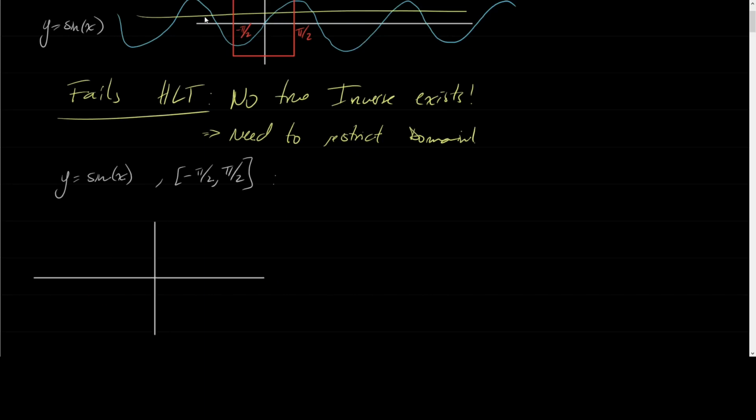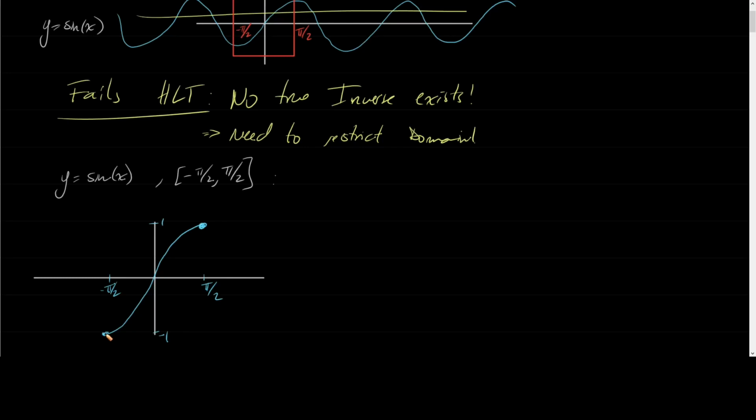And the restricted function would just be something like this. It would go from negative pi over 2 to positive pi over 2. The range would still be from negative 1 to positive 1. And it would look something like this. All right, so that's the restricted sine function.